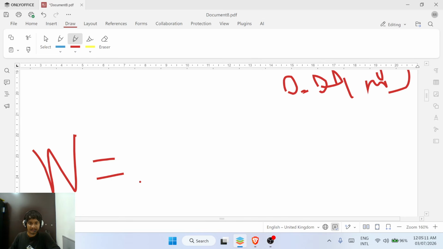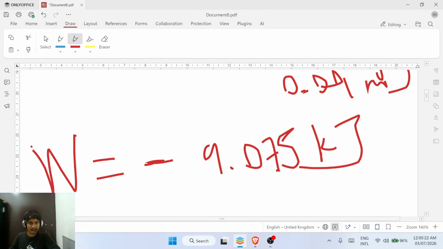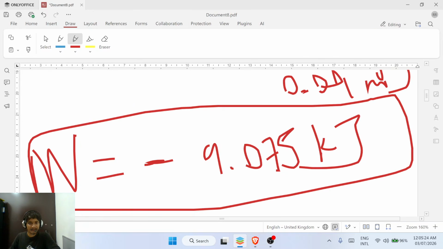Therefore, the work done will be W is equal to minus 9.075 kilojoule.